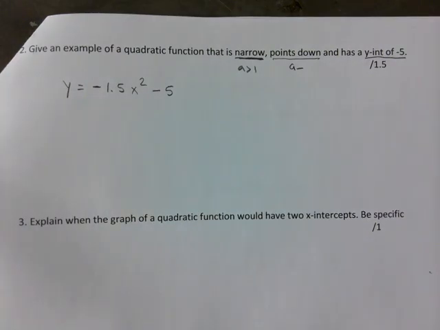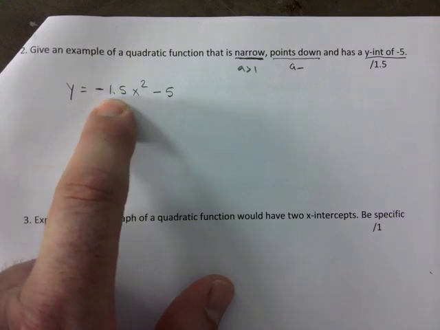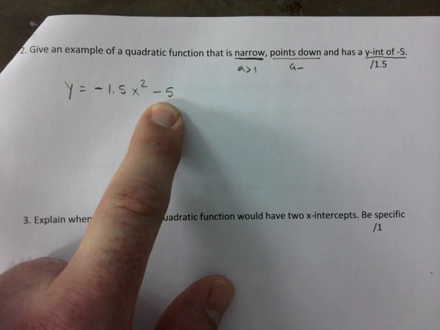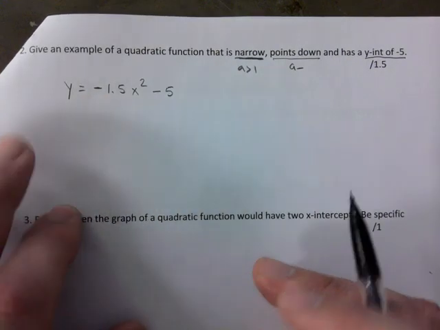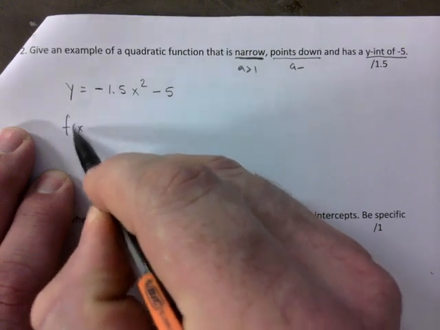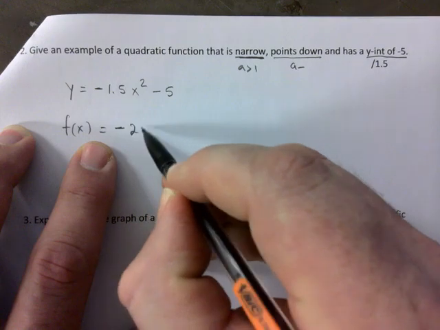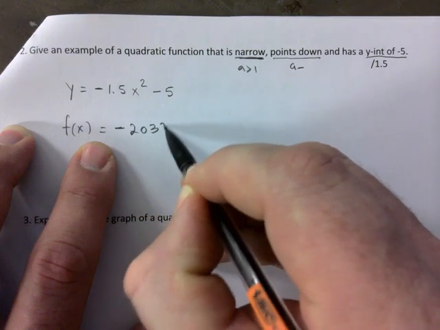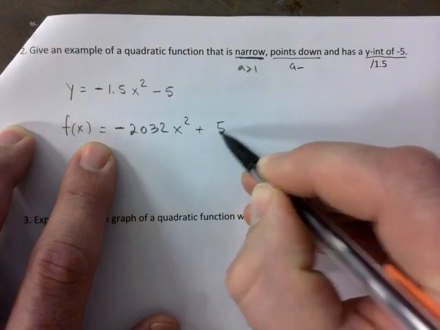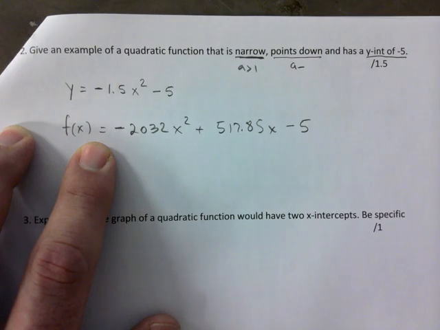That would give you 1.5, because you got to have a negative, you got to have this being bigger than 1, and you got to have a -5 at the end, a -5, right? So half a mark for each component. Another option you could have is if you want to go real fancy, right? You write f of x instead, minus 2032 x squared plus 517.85x minus 5.